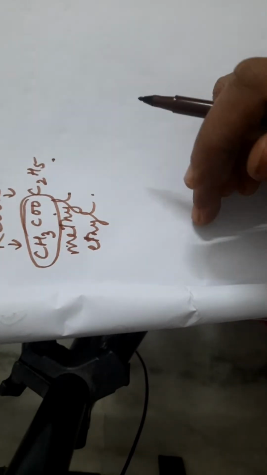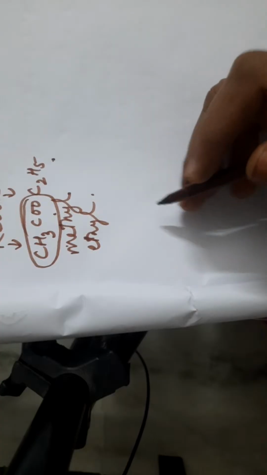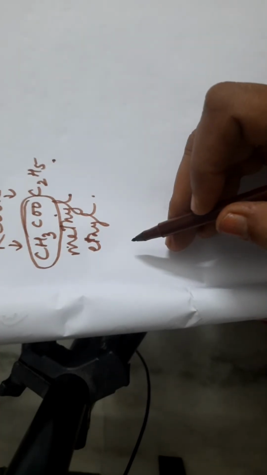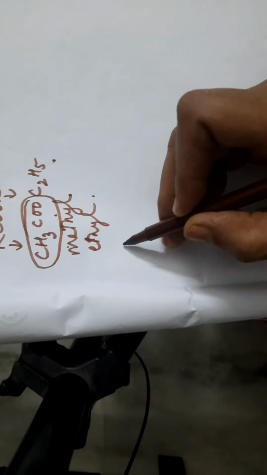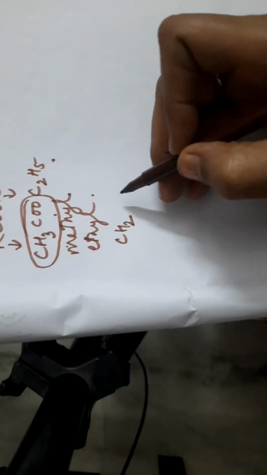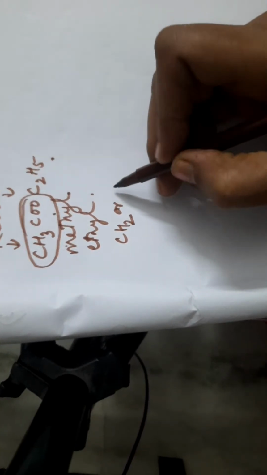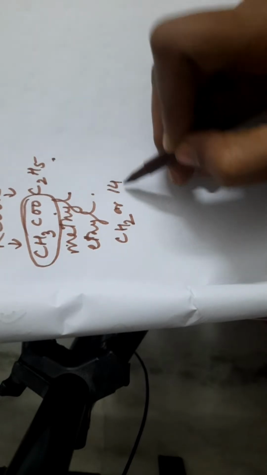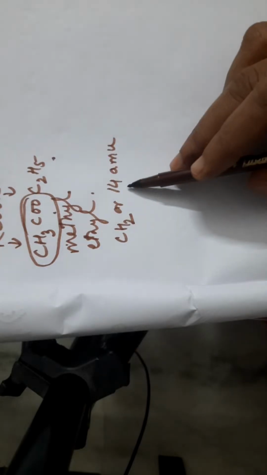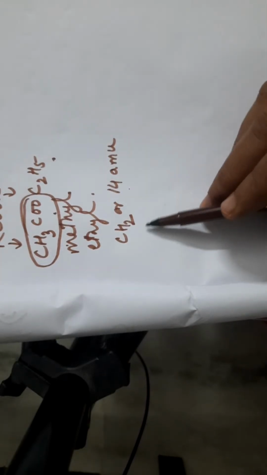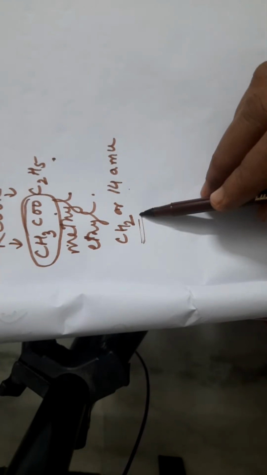Now, what are homologous series? Series of hydrocarbons which differ by a CH2 unit or by a mass of 14 AMU. When there is a mass difference of 14 units or a CH2 difference, we call it a homologous series.